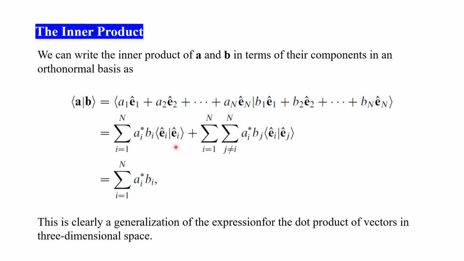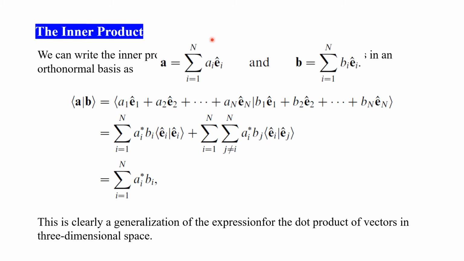We can write the inner product of A and B in terms of their components in an orthonormal basis as the following. So the inner product of A and B is given by ⟨A|B⟩. Just for your reference, these are the components of your vectors A and B. So we just take the bra of this one and the ket of this one.